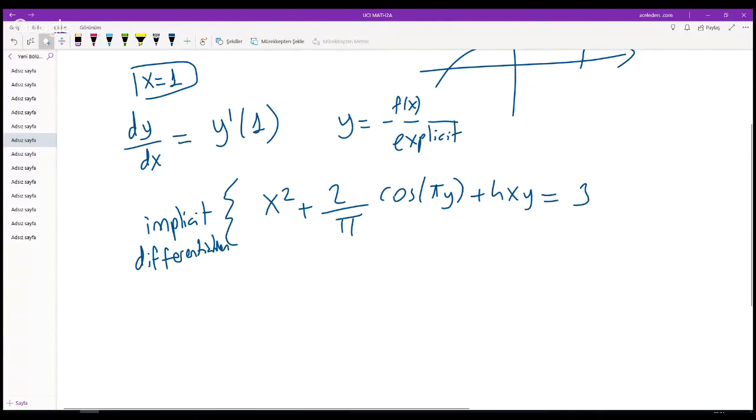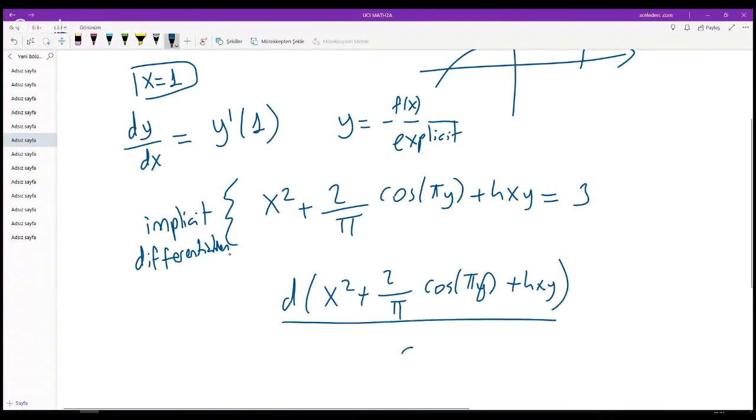So what do we do here? We take the derivative of both sides with respect to x. Okay, so we are doing implicit differentiation now. Please tell me if something is not clear, because implicit differentiation is very important to solving a set of questions. We will take the derivative with respect to x.